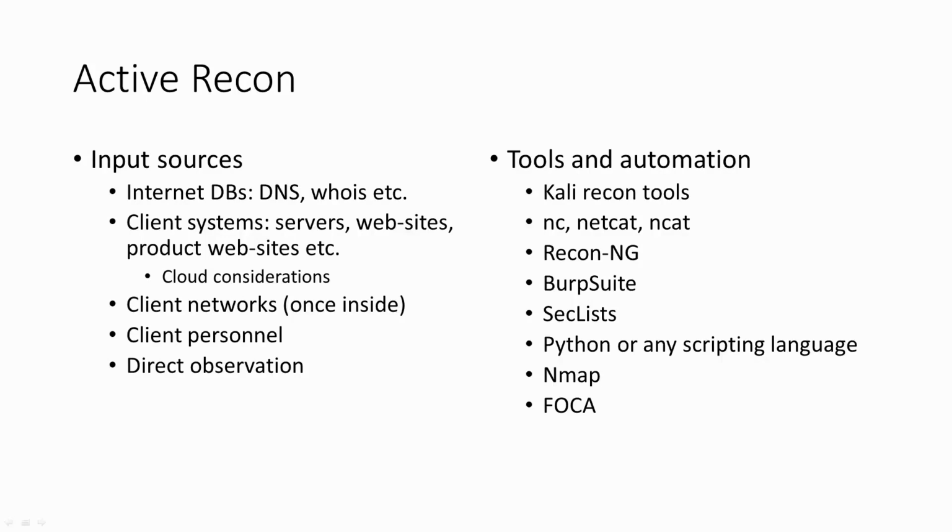Also, we can start interacting with client systems. That is really interesting. Once you find out what the systems are, you can do a lot of different things to map their functionality under the radar, right?